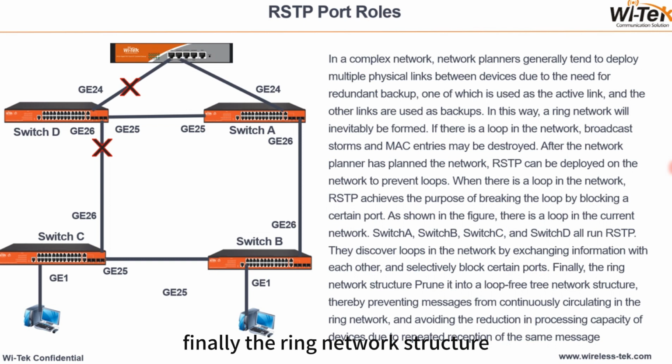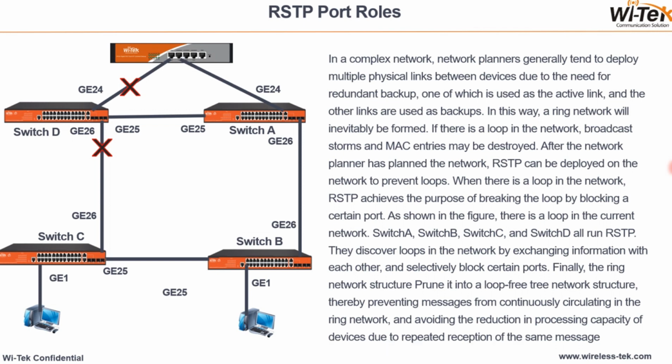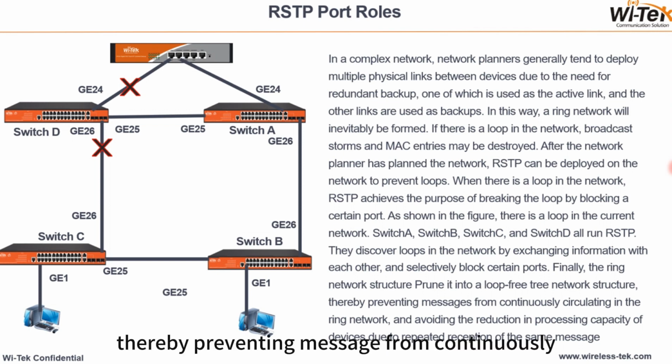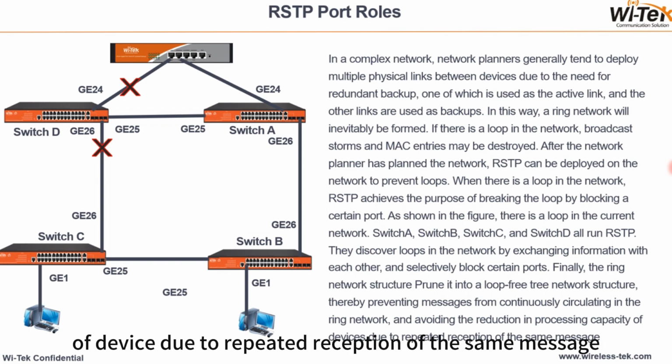Finally, the ring network structure turns into a loop-free tree network structure, thereby preventing messages from continuously circulating in the ring network and avoiding the reduction in processing capacity of devices due to repeated reception of the same message.